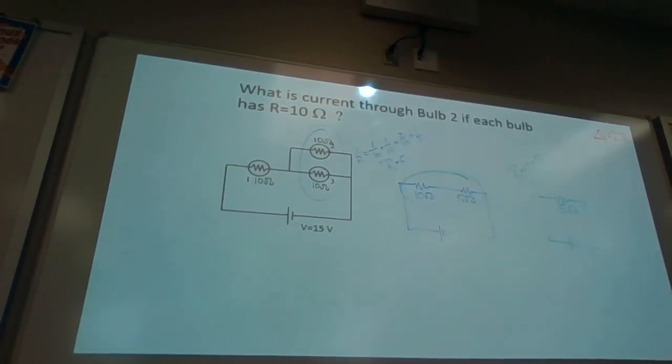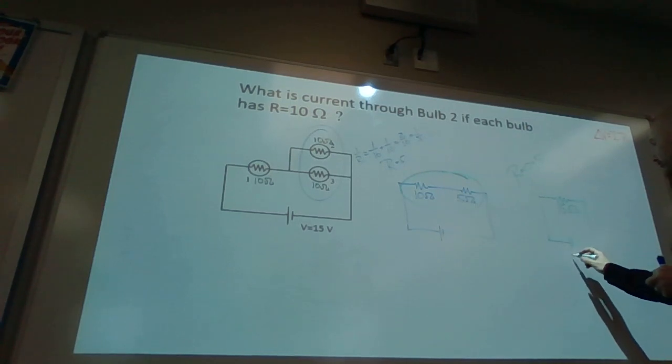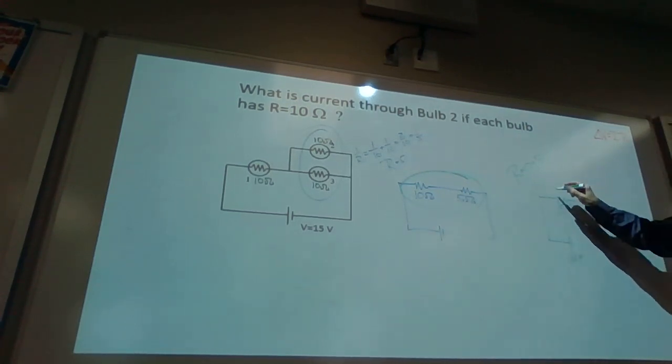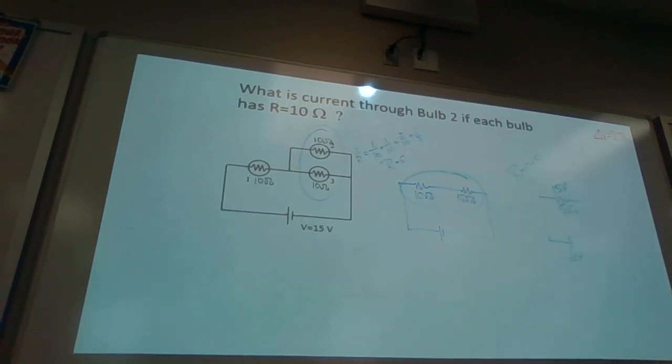Here I know that the voltage across the battery is 15 volts. Therefore, the voltage across this total resistor is also 15 volts. The voltage gain is equal to the sum of the voltage drops.